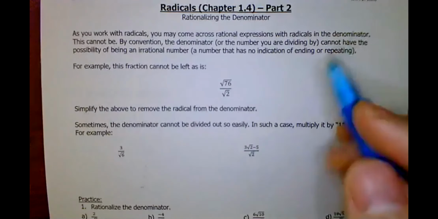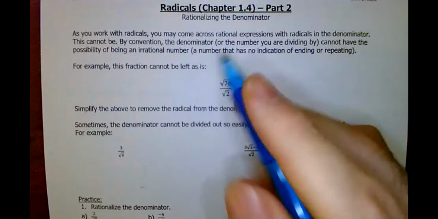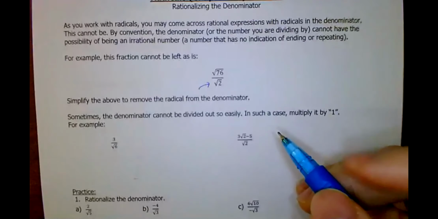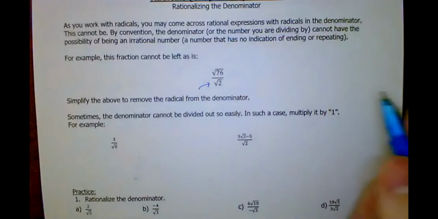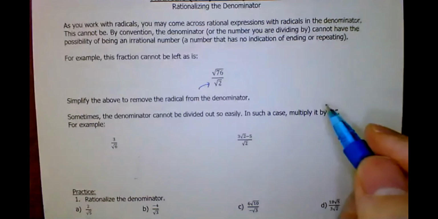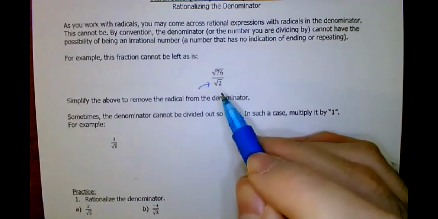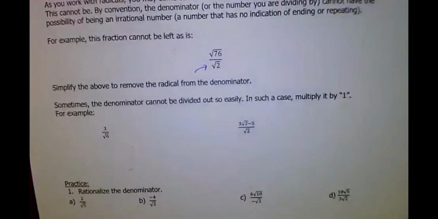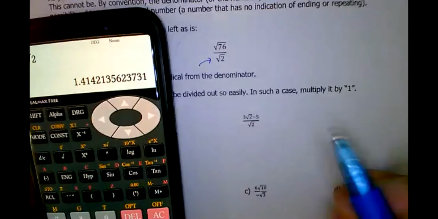Sometimes when you're working with rational expressions with radicals, you can find the radical in the denominator, and that is a big no-no. You cannot give me a final answer with the radical in the denominator. And this is my argument. Using my calculator once again, if I do the square root of 2, it ends up being something like this.